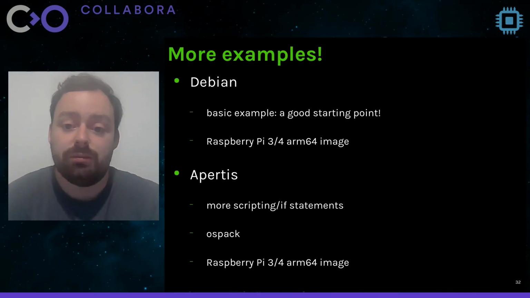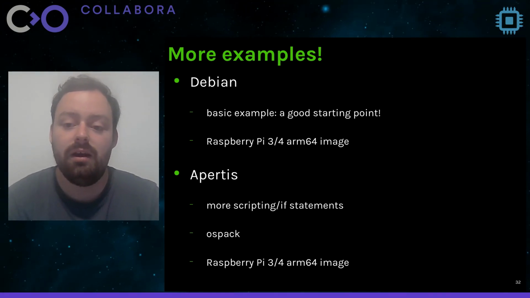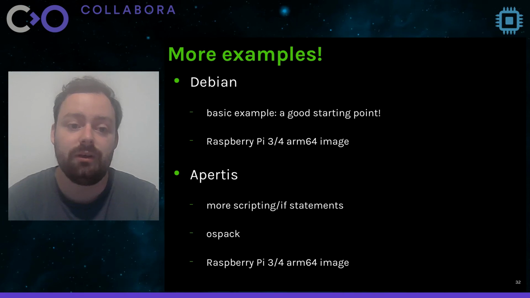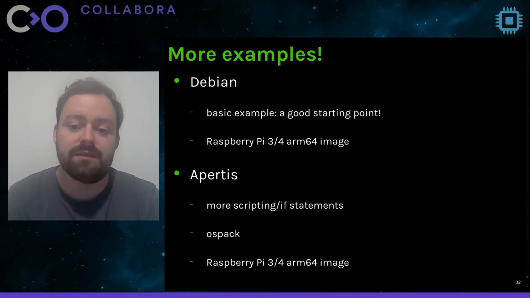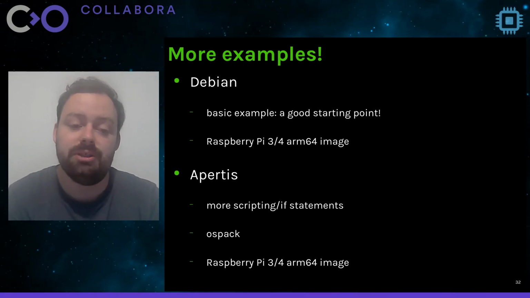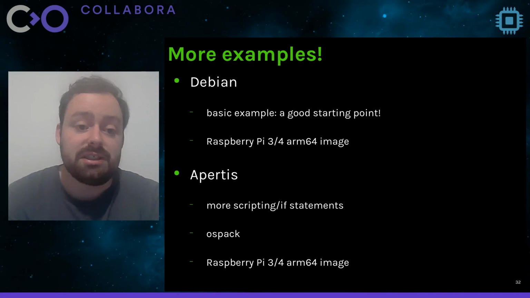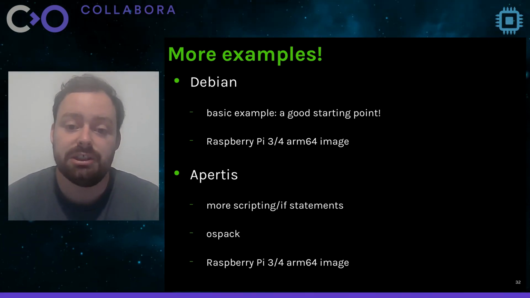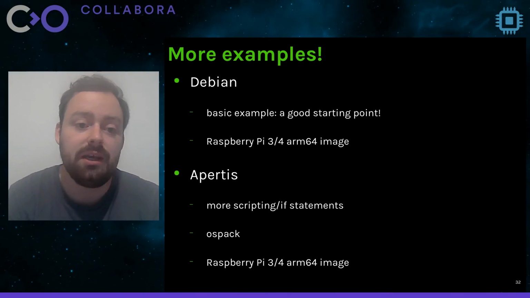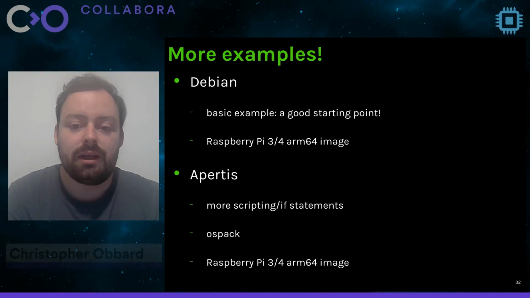We've got some more examples here. We've got a recent Raspberry Pi image, which one of my colleagues, Dennis, has created. That's a very basic image, which just bootstraps a basic Debian image onto an SD card for you to run. Also, we have Apertis, which is, as I've already said, the automotive operating system by Collabora.